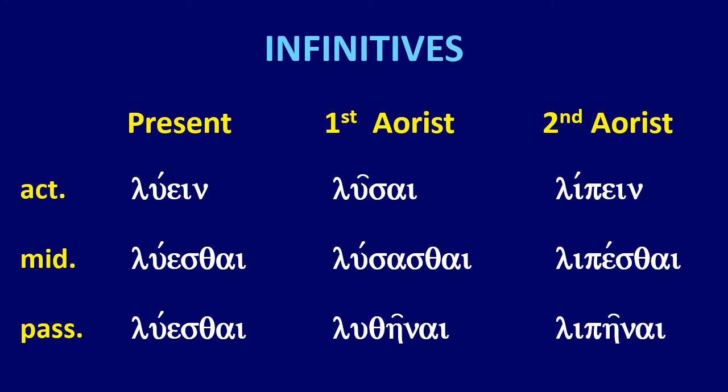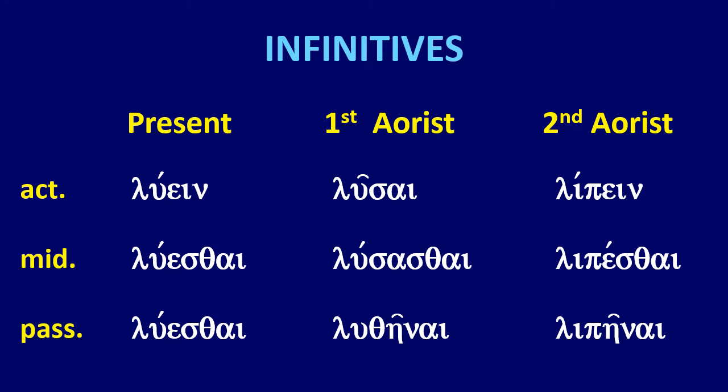And again, we don't have to worry about first, second, or third person, singular or plural. Now in the first aorist column, you'll see the sigma is added there to the stem for lu, for the middle and passive voice, and then the theta eta combination for the passive voice, first aorist.